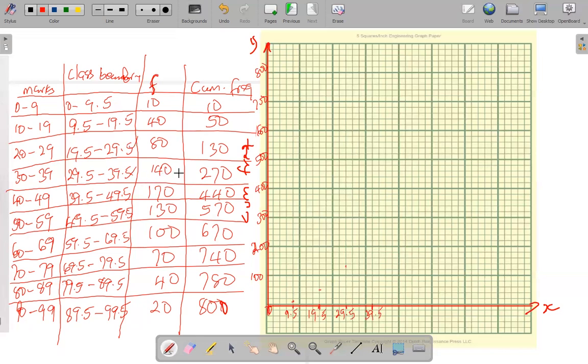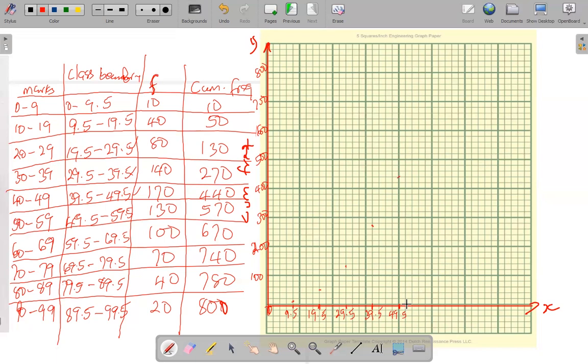The cumulative frequency there is 270. This is 200, 220, 240, 260, 270, again in the middle. Then count 4 boxes again: 1, 2, 3, 4. This is 49.5. The cumulative frequency there is 440. This is 400, 420, 440.